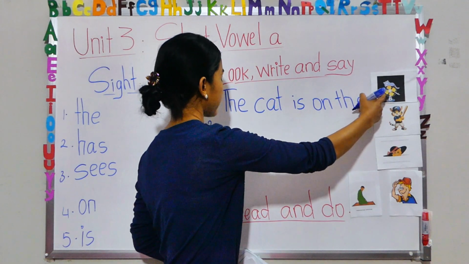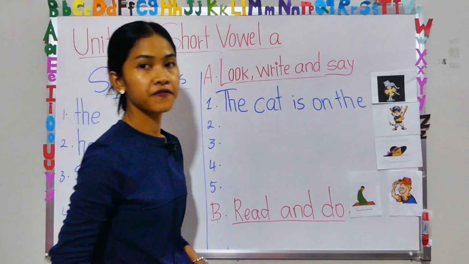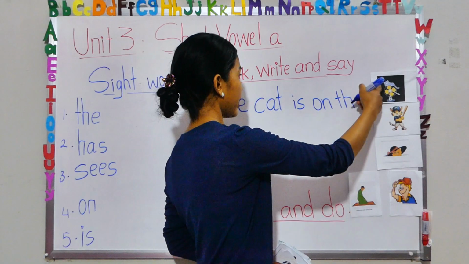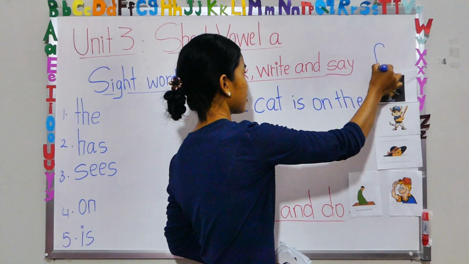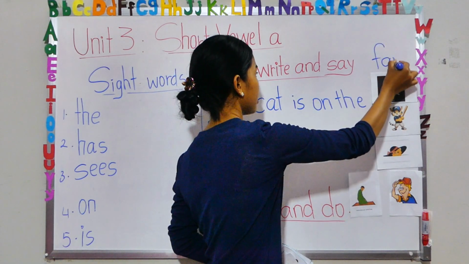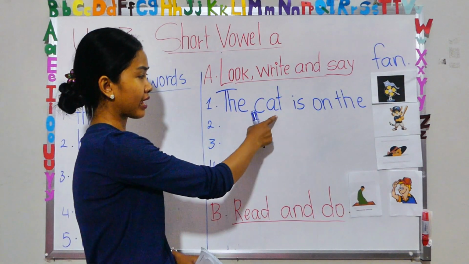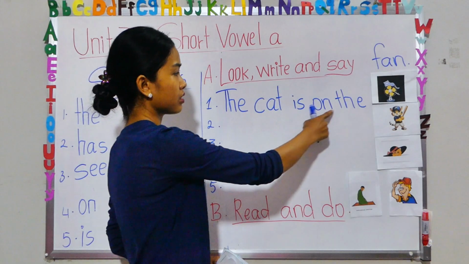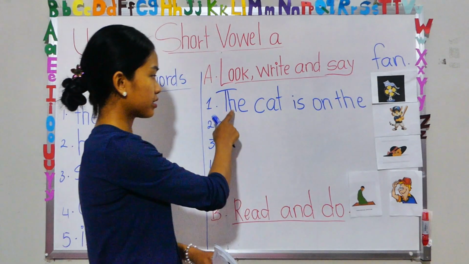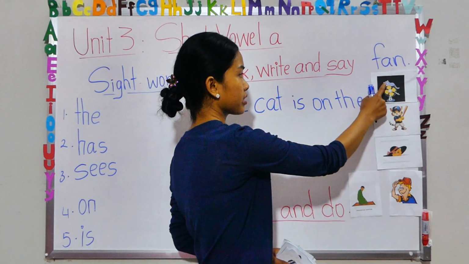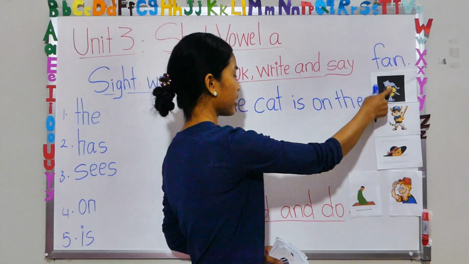How do we spell fan? F. The cat is on the fan. Fan. The cat is on the fan. The cat is on the fan. The cat is on the fan.